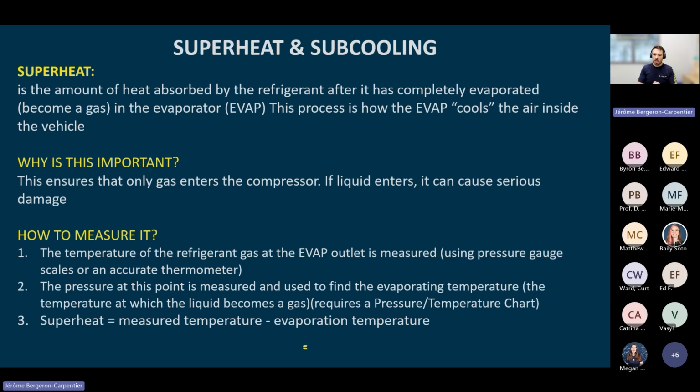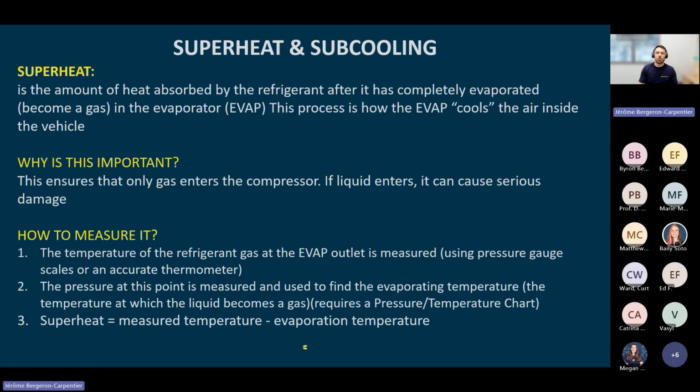Superheat is going to be important for the compressor to only have gas sucked in by the low side. So it's going to prevent any components from going bad. And subcooling will be super important for the liquid going to the expansion valve, the TXV, or the EEV, which is the electronic expansion valve.